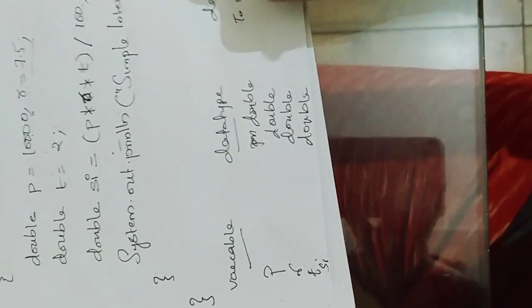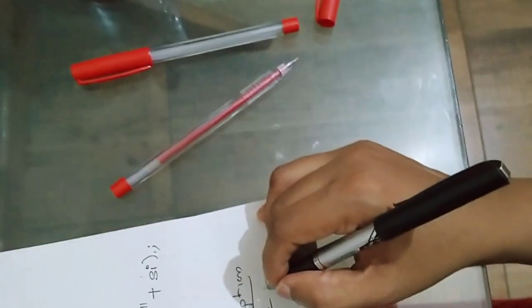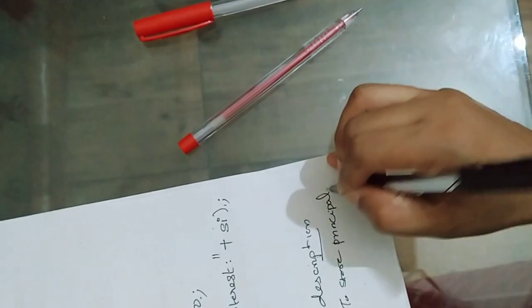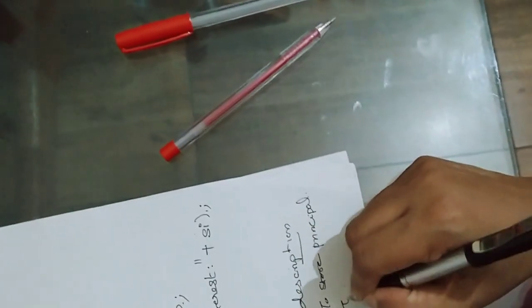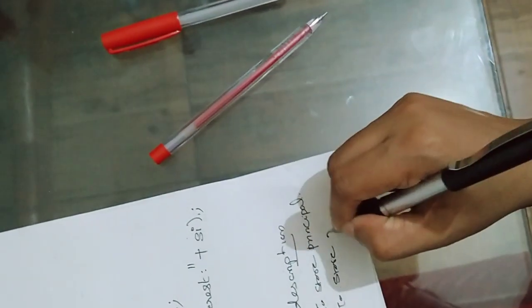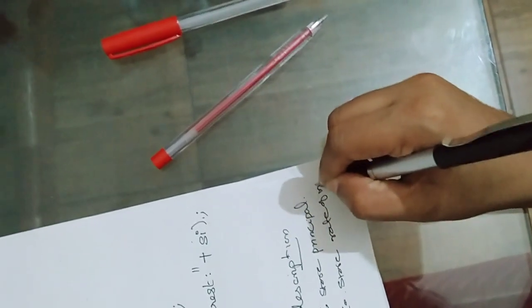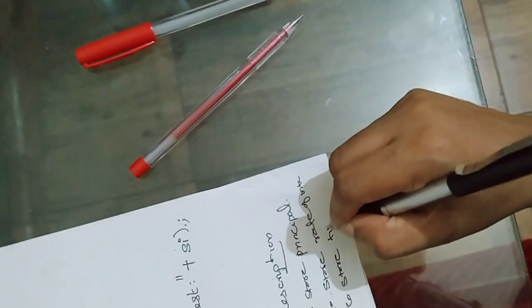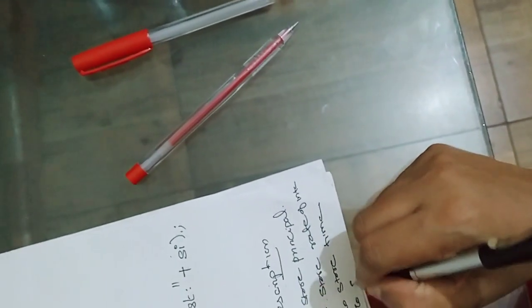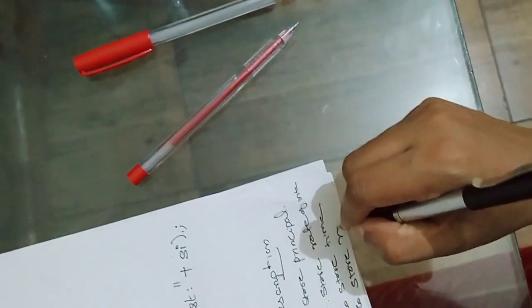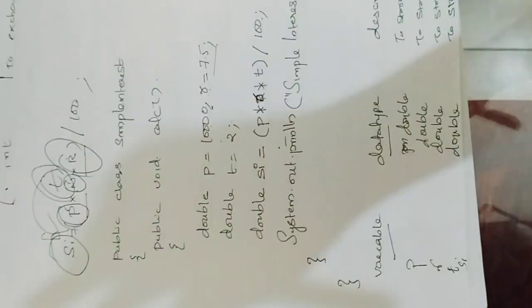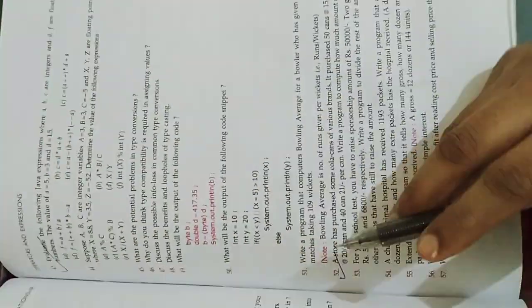To store principal, to store rate of interest, to store time, to store result. You can write anything. Okay, this is the variable description. If you want to write neatly, you can do it by drawing tables. Now we will see another question.